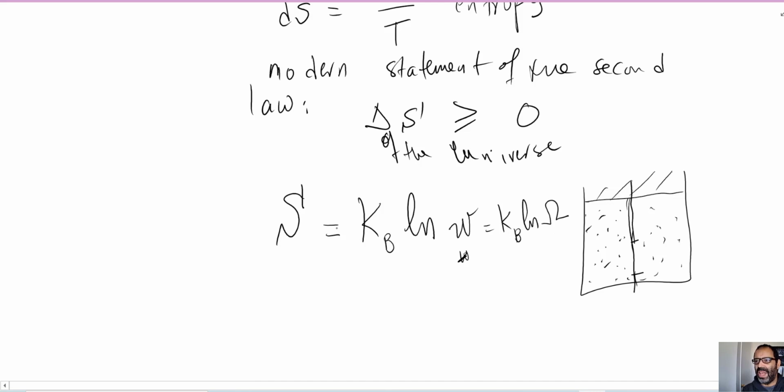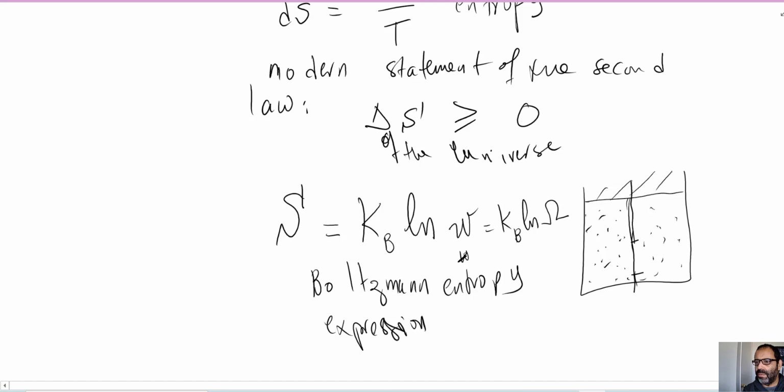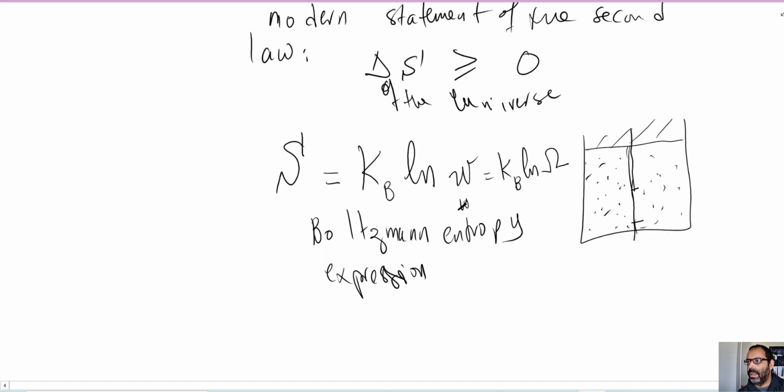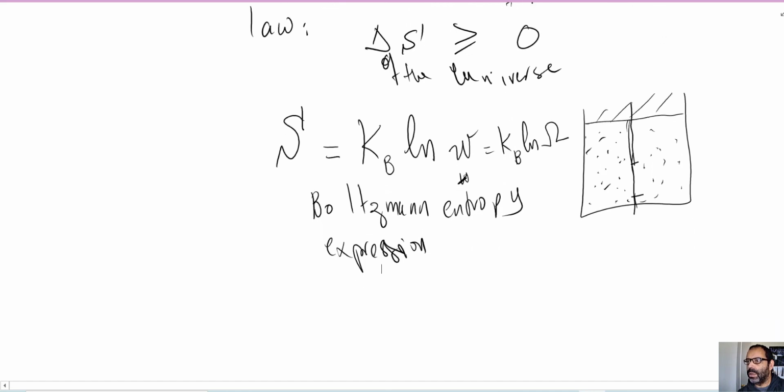So this is the famous Boltzmann entropy expression. When people visit Vienna, this is one of the things they go and see, written on his grave. People go there and remember the great man he was, because he did so many things for us in science.